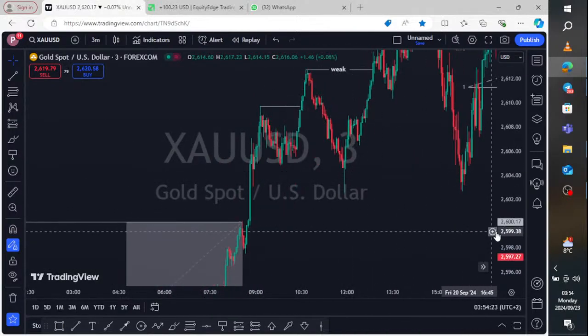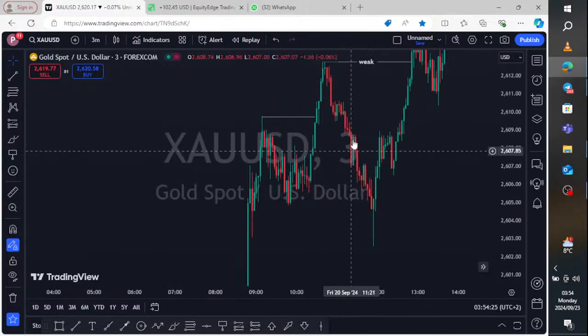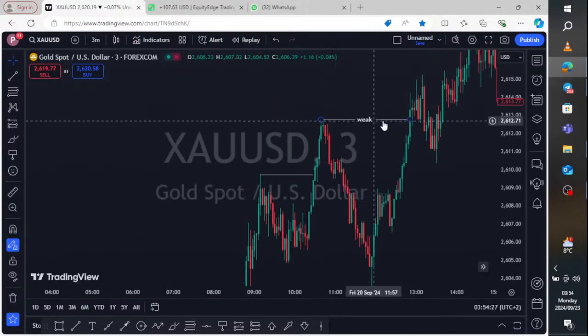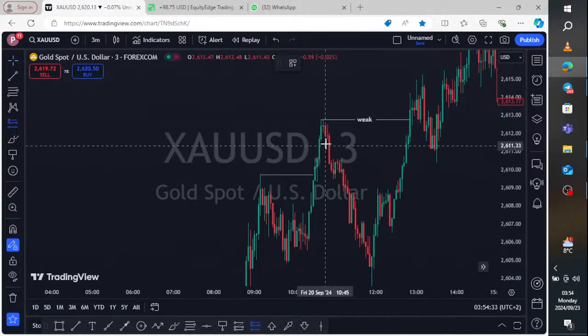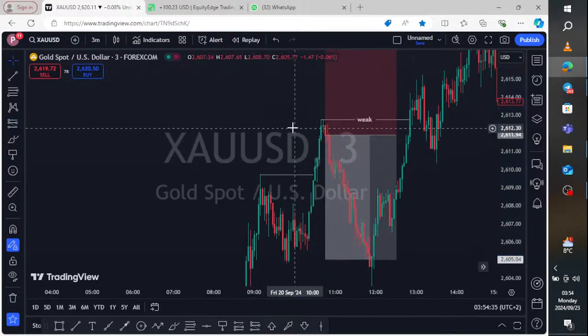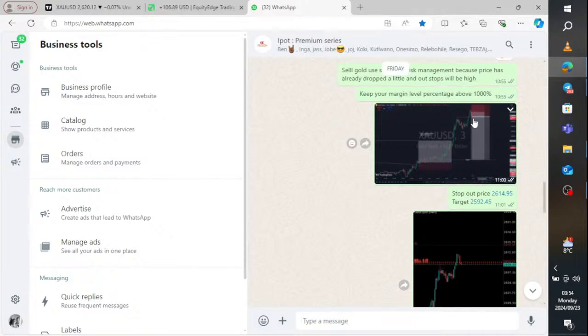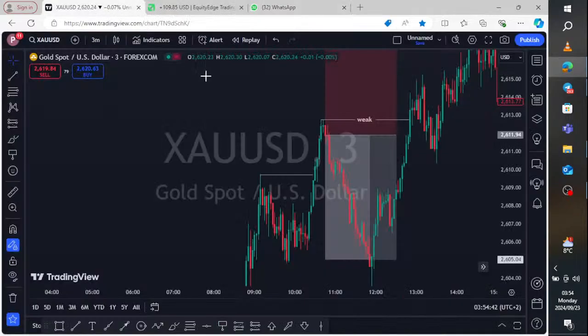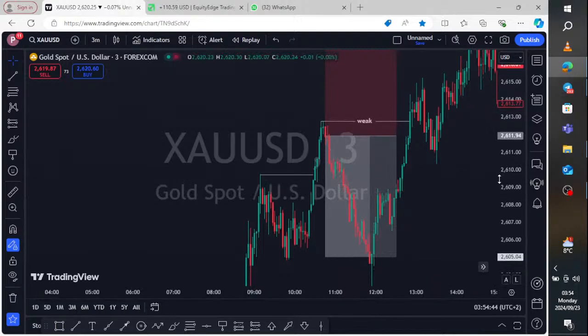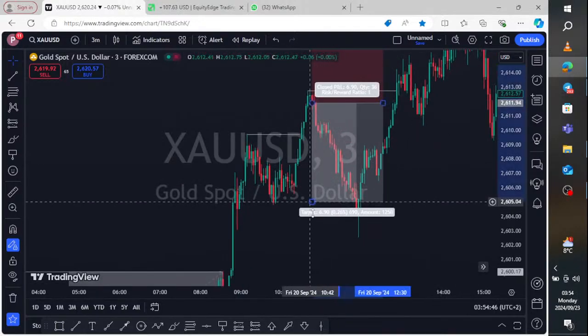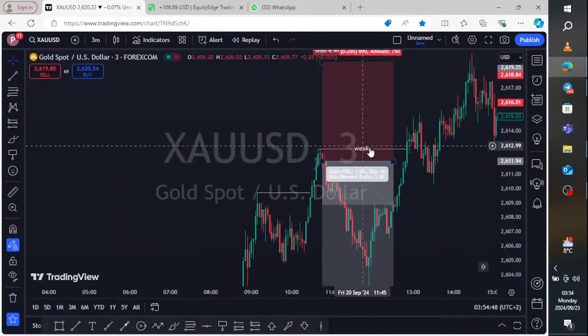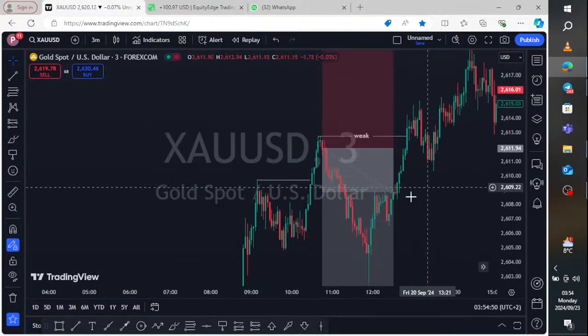Then when I did my last touch-ups, I realized, man, we have a weak high right there, because we had our sell entry from here. If you take a look at the setup right here, we had our sell entry right here. I was already feeling too confident that we may be going down, only to realize that we have a weak high. That's why price started rejecting to the upside.